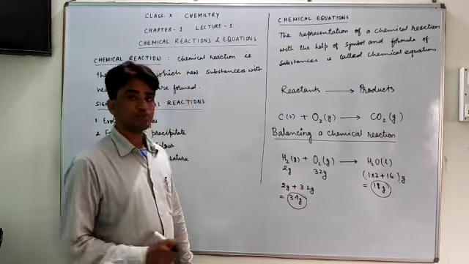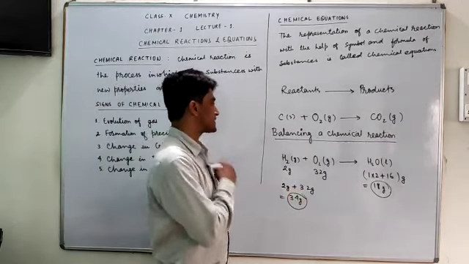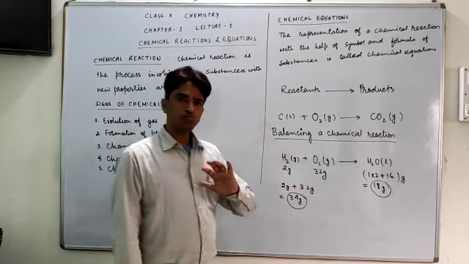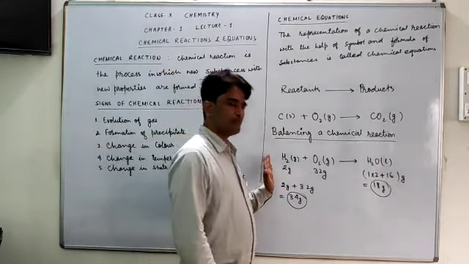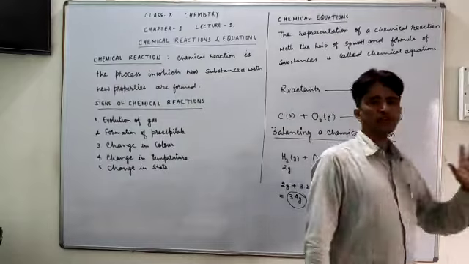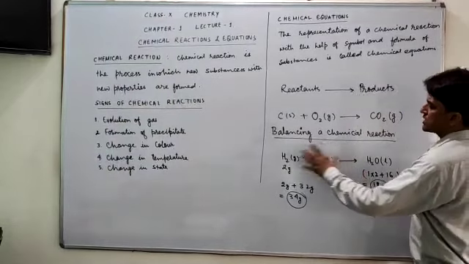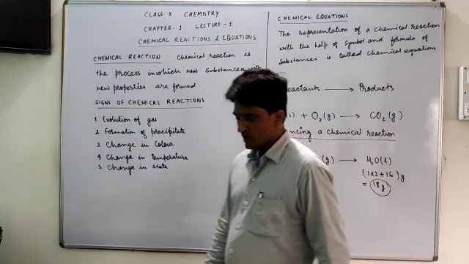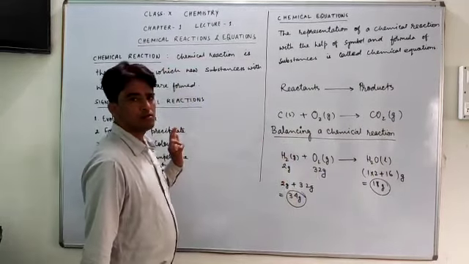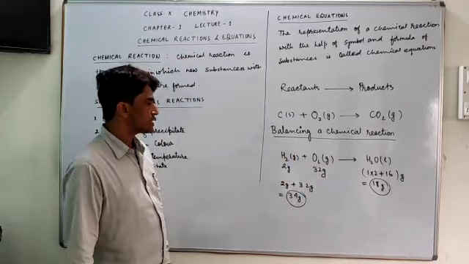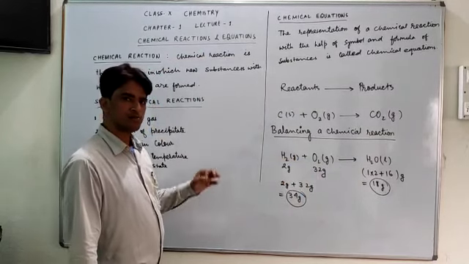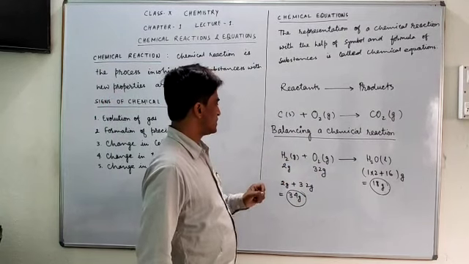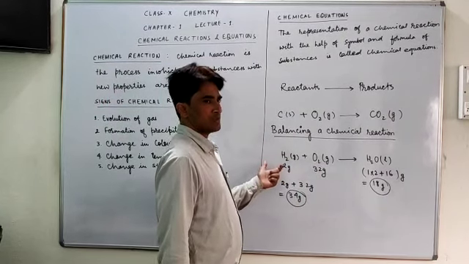Okay. Now the problem is, how can we balance the chemical reaction? To balance the chemical reaction, we should equate, we should make equal, the number of atoms on the reactant and product sides. There is a simple basic rule. We can write a suitable smallest digit before the symbol of the chemical species.